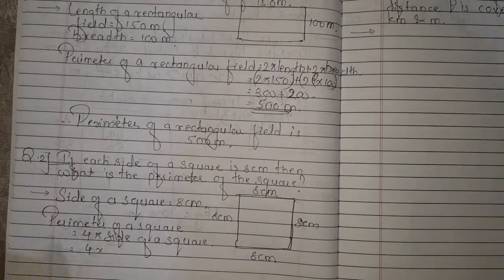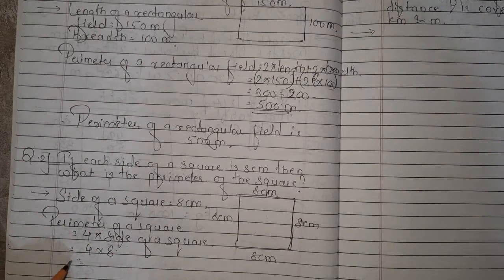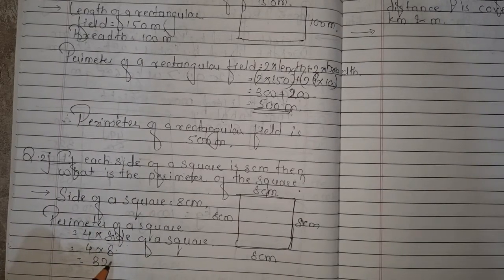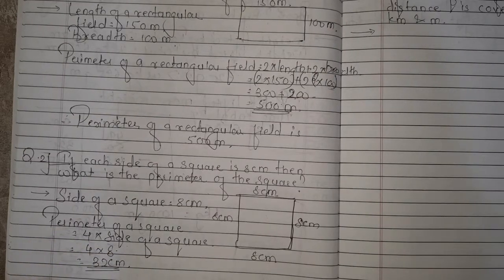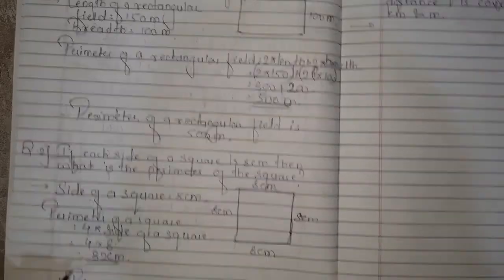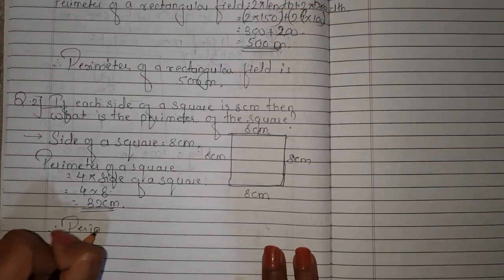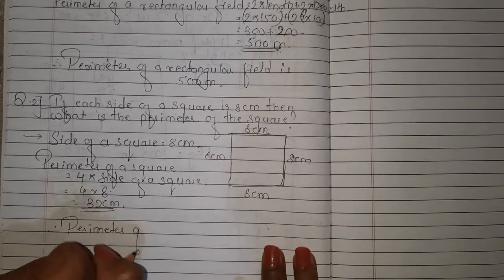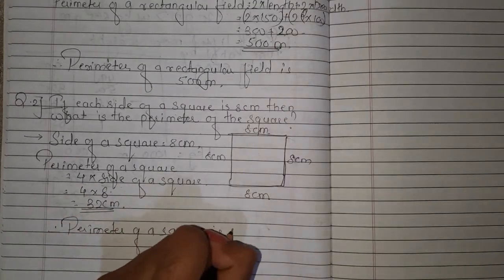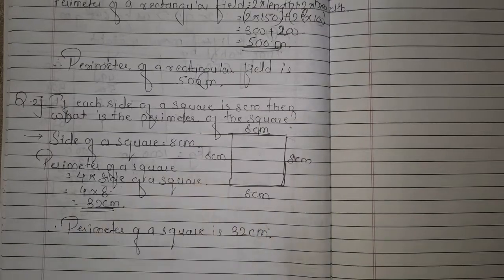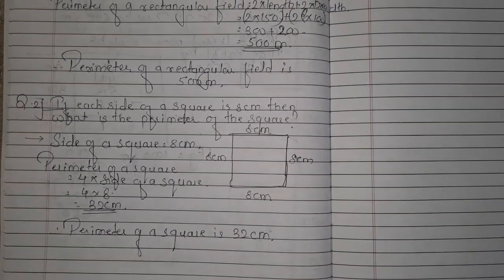So 4 into length of one side, that is 8. 4 into 8, 32 centimeters. So therefore perimeter of a square is 32 centimeters.